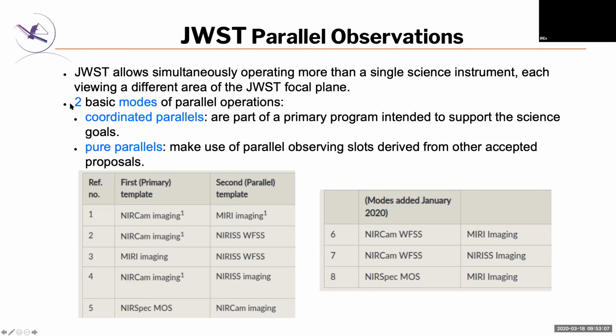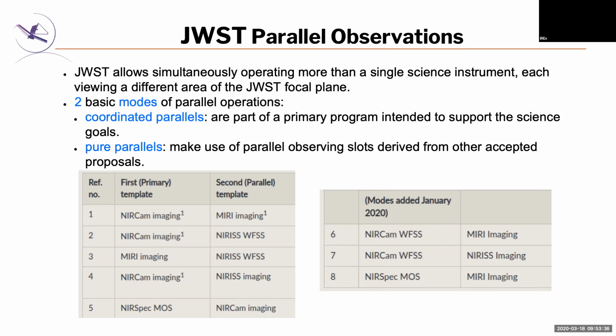So you have two types of parallel operations that exist. You have the coordinated parallels. Those are where you have a proposal that will explicitly use two instruments for the same or similar science goals. And so in the proposal, they will have to justify the use of both instruments. You also have pure parallels, which are interesting.